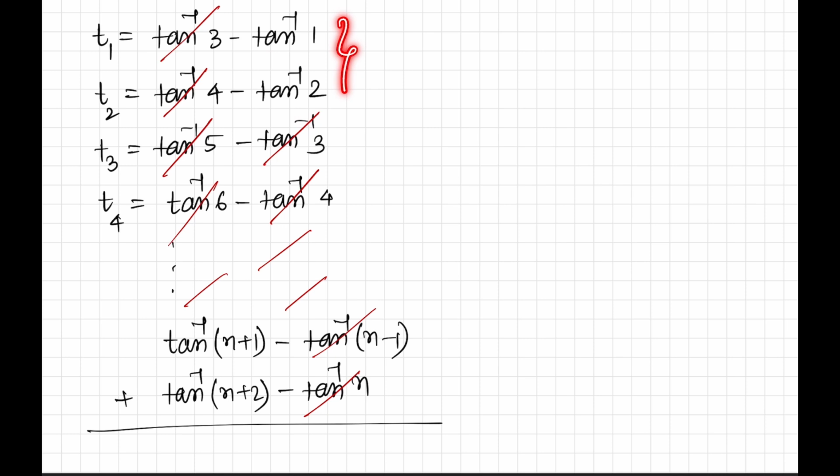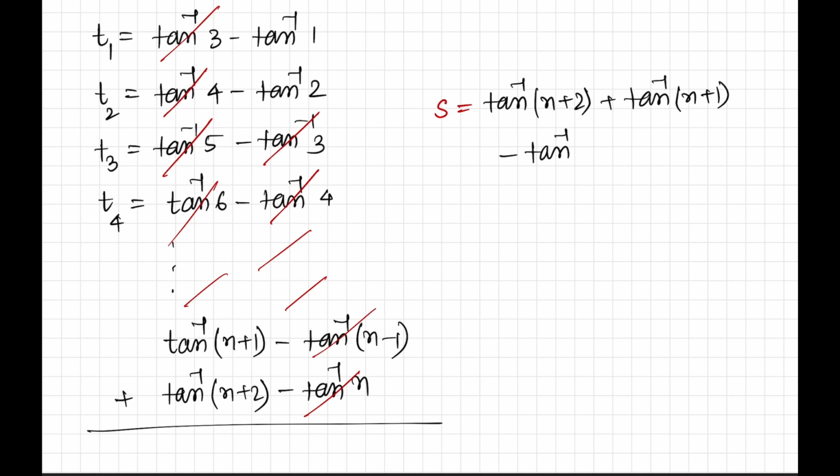That is the second term from the first two terms and the first term from the last two terms. So eventually the entire sum, let us say if we represent it by S, would be equal to tan inverse of (n plus 2) plus tan inverse of (n plus 1) minus tan inverse of 1 minus tan inverse 2.